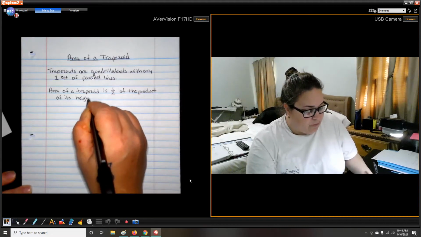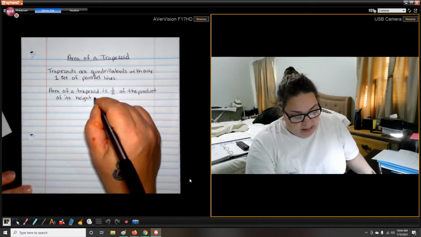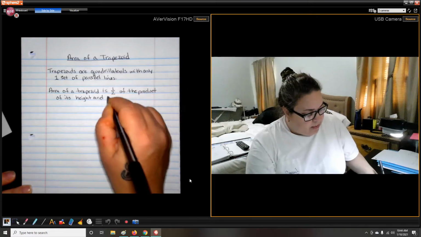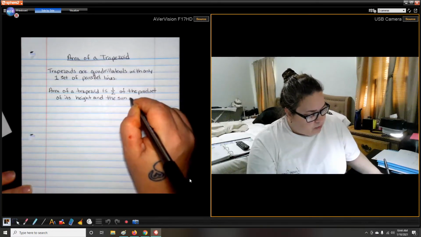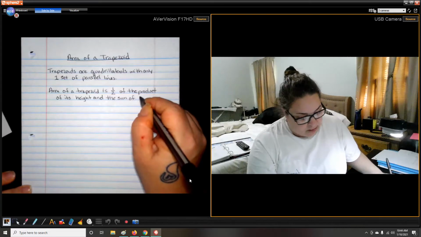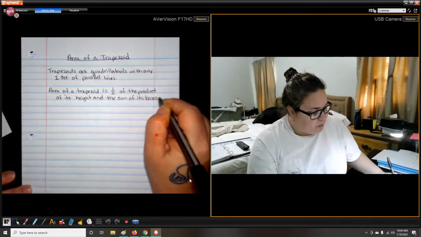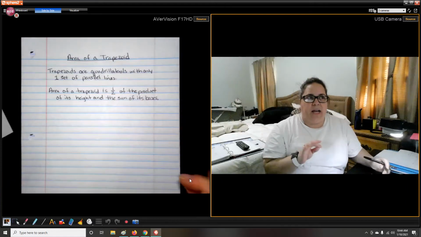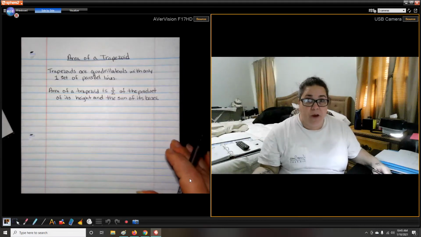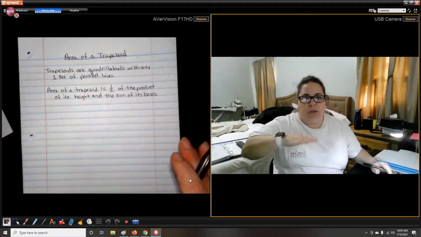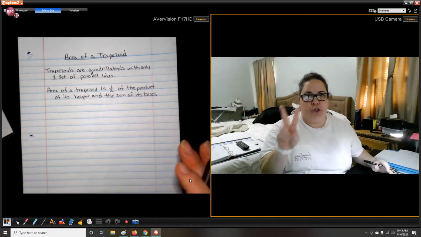That's different. We've not ever done height first. And the sum, that's new too, of its bases. What? Bases? That doesn't make sense, Mrs. Rodriguez, because you told us that there was only one bottom of the shape, right? There is technically only one bottom of the shape, but on a trapezoid, you have to use two base numbers.